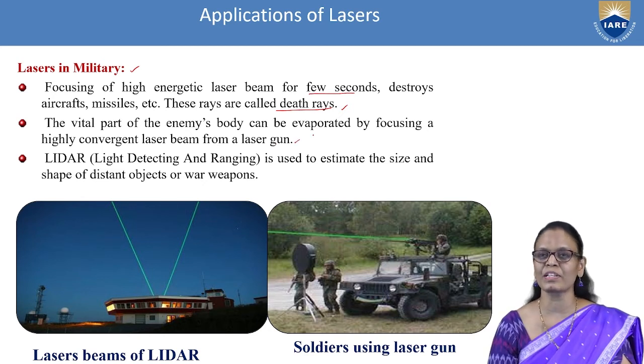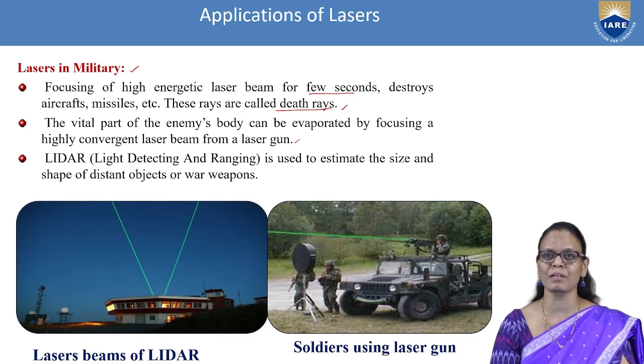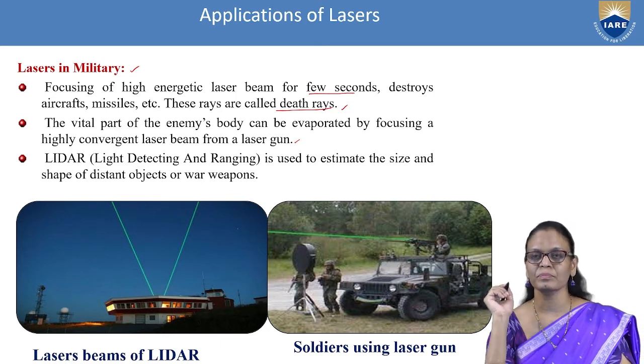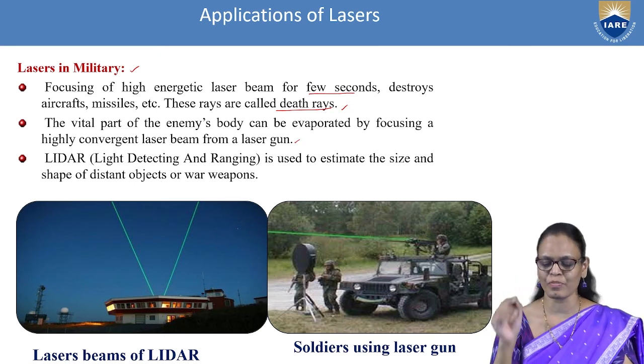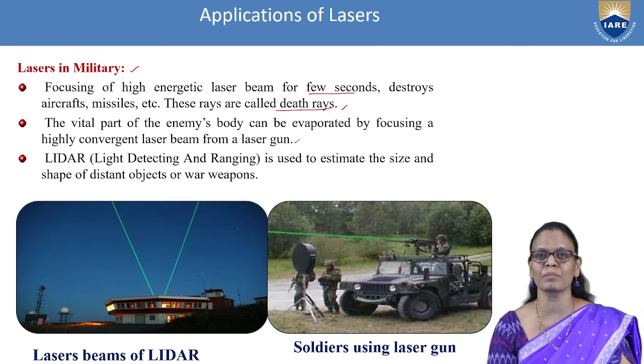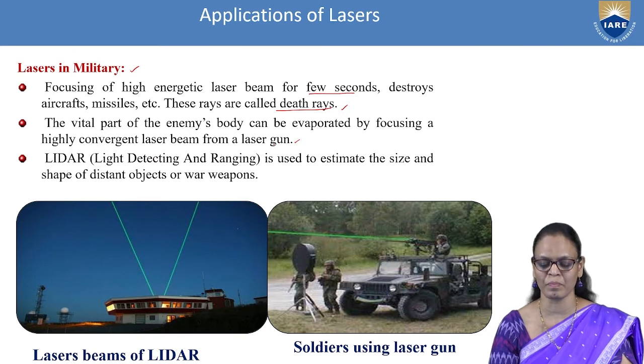Maybe when there is fighting going on, they may also use this laser beam and send it into the enemy's body. Suppose they are focusing it onto their eyes. Then by focusing this highly convergent beam with the help of a laser gun, the body part will get evaporated.